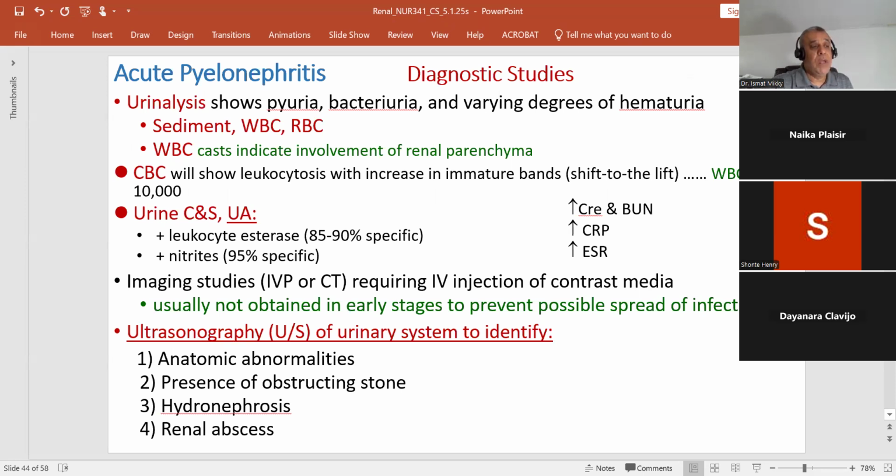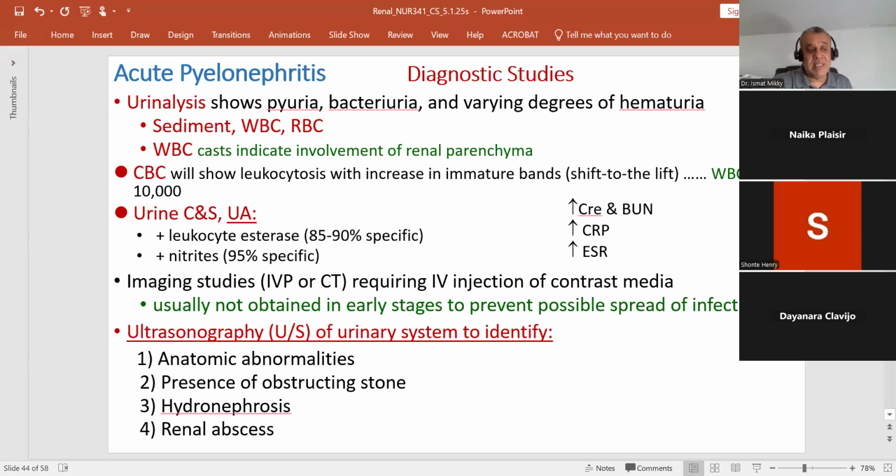So the acute pyelonephritis, these are some of the diagnostic testing and findings. Leukocyte esterase is 85 to 90% specific, not just for pyelonephritis but for any type of UTI.